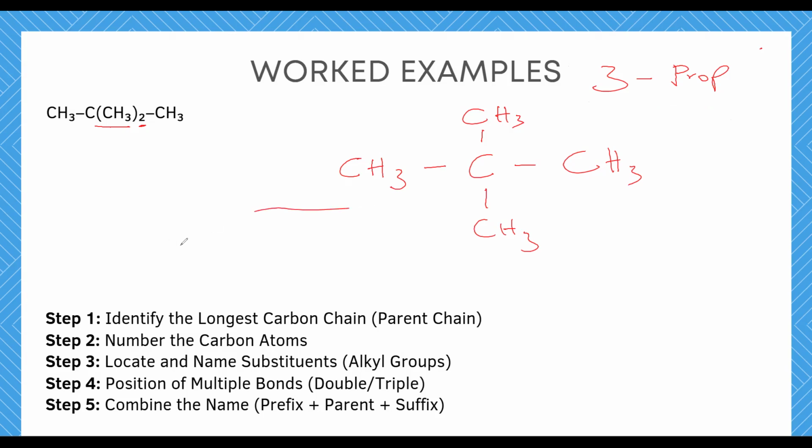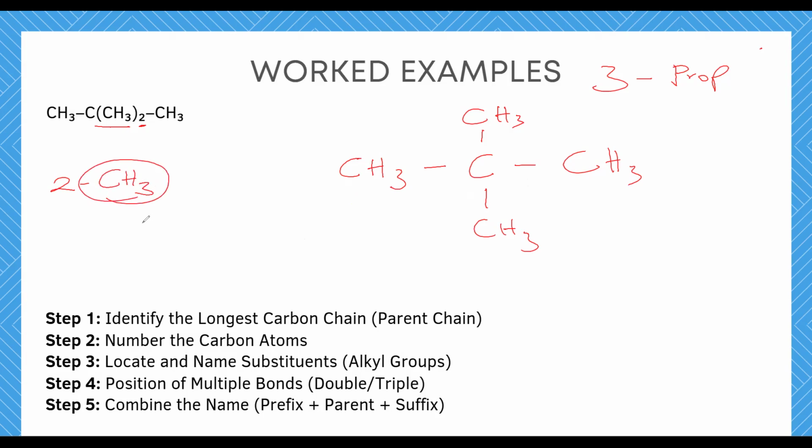So the next thing to do is to number the carbon atoms. So remember, we are numbering it in such a way that the one that has the substituent will receive the lowest number possible. Now, if we're counting from left to right, for instance, we have 1, 2, 3. So this carbon atom over here, which has number 2, is the one that carries the substituent. So what are we going to do? On carbon number 2, we have not just one, but two substituents, and they are both CH3.